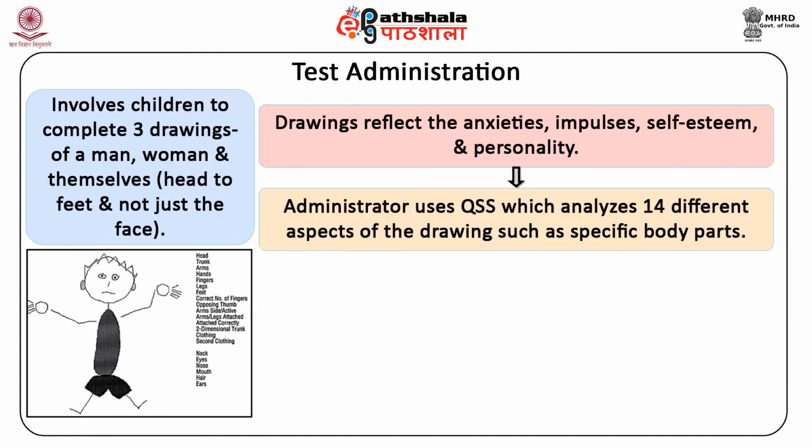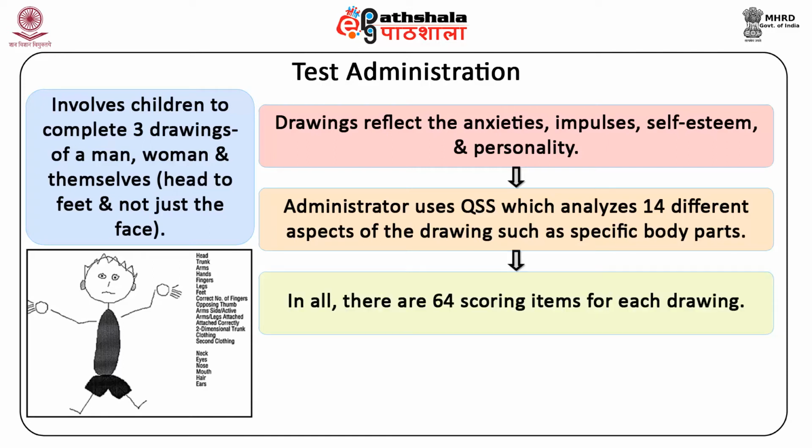The test administrator uses a quantitative scoring system which analyzes 14 different aspects of the drawing such as specific body parts and clothing for various criteria including presence or absence, detail, and proportion. In all, there are 64 scoring items for each drawing.